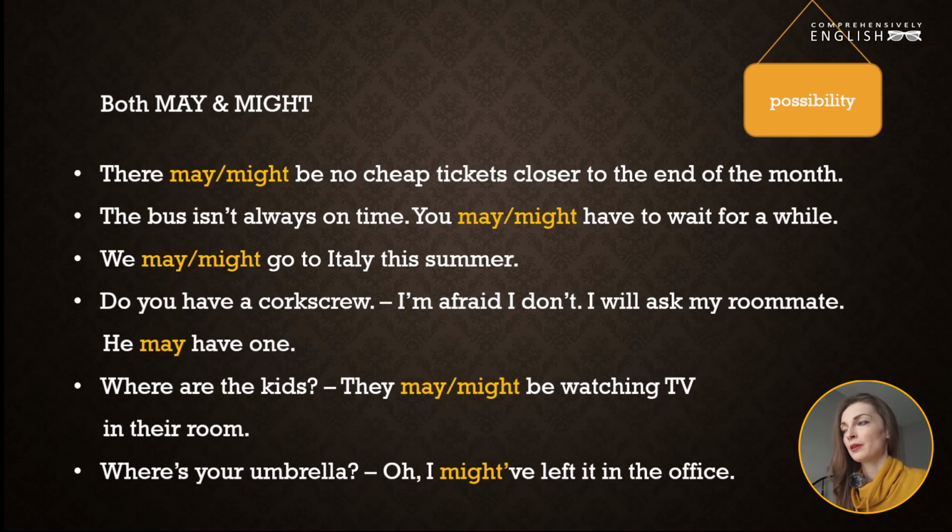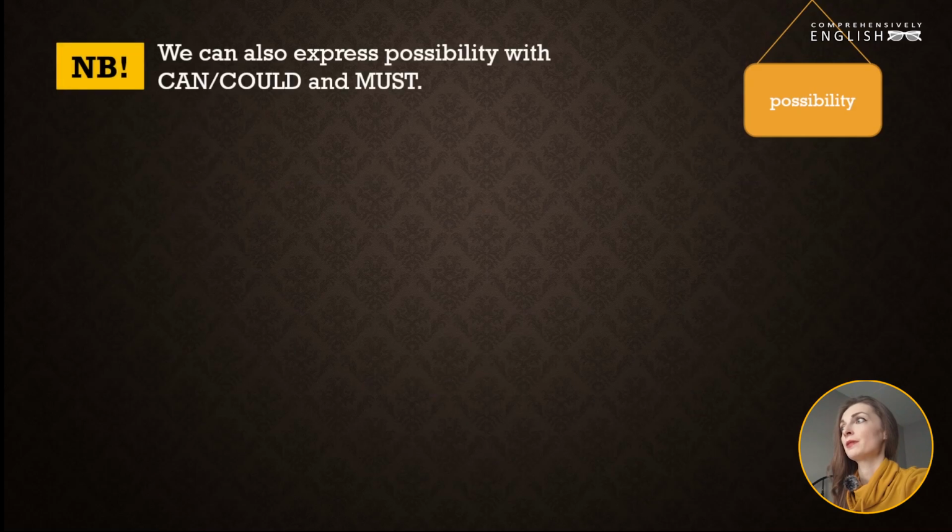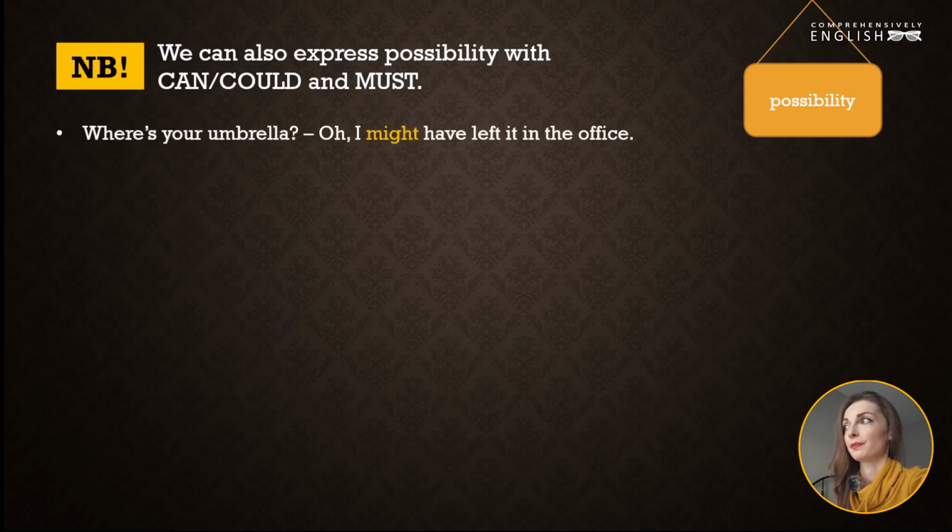Something may be true or something might have happened in the past. When we use may or might, we don't know for sure what the situation really is or what the situation really was. Okay, possibility can also be expressed with the help of can, could, or must.